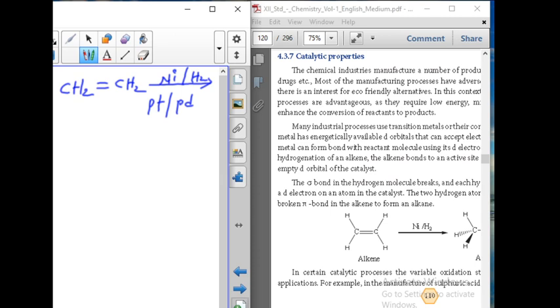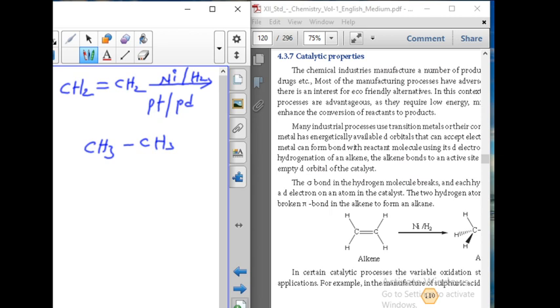The two hydrogen atoms then bond with the partially broken pi bond. First the nickel helps to break the bond between the hydrogens and helps them react with the alkene to form CH3 and CH3.